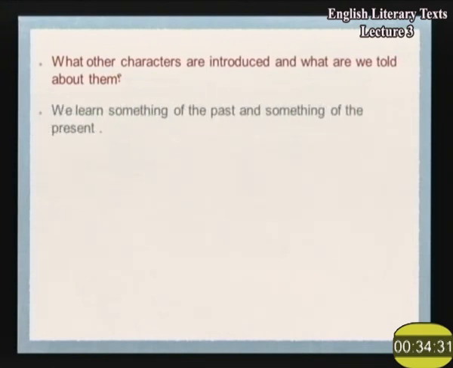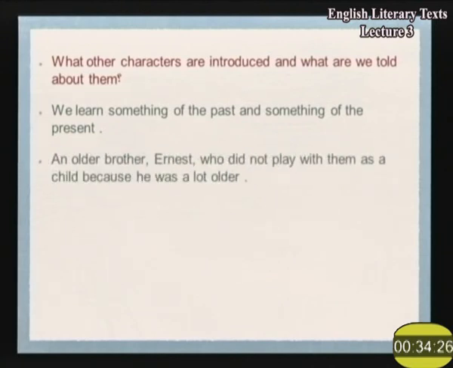We learn something of the past and something of the present. An older brother, Ernest, who did not play with them as a child because he was a little older. This is one of the characters that is introduced.